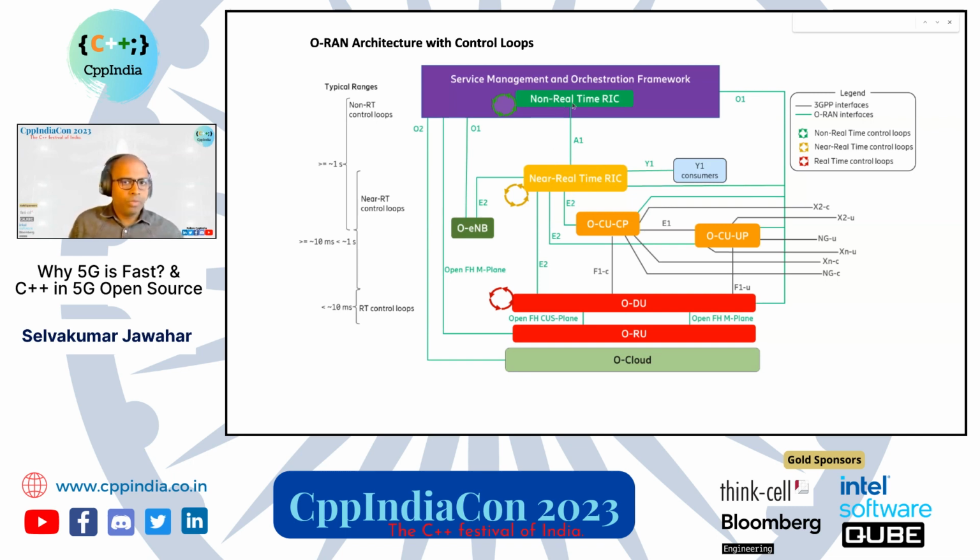The near real-time RIC makes the control loop here. The decisions made by this RIC take approximately 1 second or a little bit more. ORAN focuses heavily on machine learning technologies.